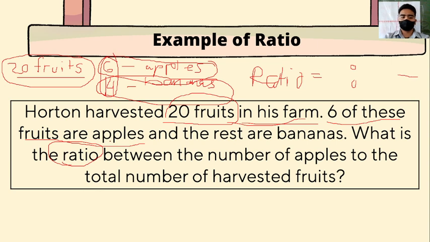It is still unknown. You have two terms, two quantities, because a ratio compares two quantities.